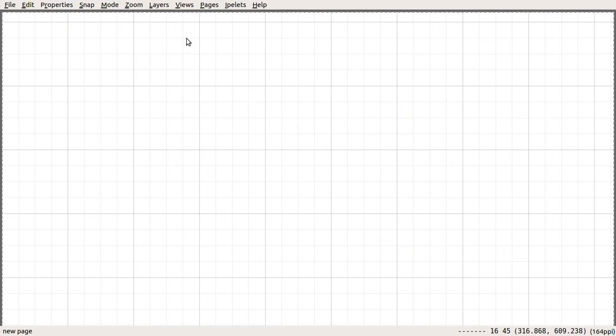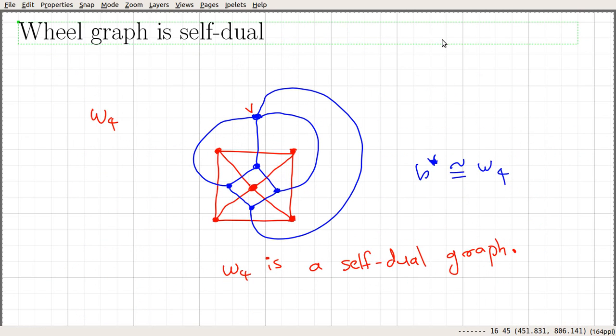We can very easily see here that G star is isomorphic to Wn. We can very easily establish a one-to-one correspondence here, right? In this example, we can correspond this W to this vertex, and these vertices to these cycle vertices, this one with this one, this with this, and this with this.